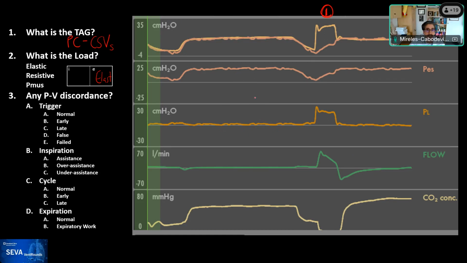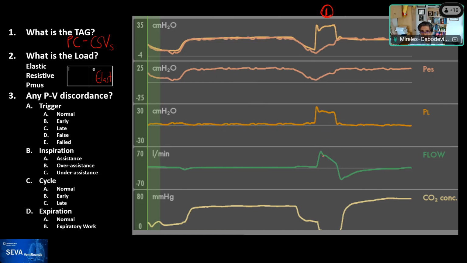And then during inspiration, many of you talked about PMOS. We're going to take a closer look at this in a second. But it returns back to baseline relatively fast. It doesn't look like a passive breath.